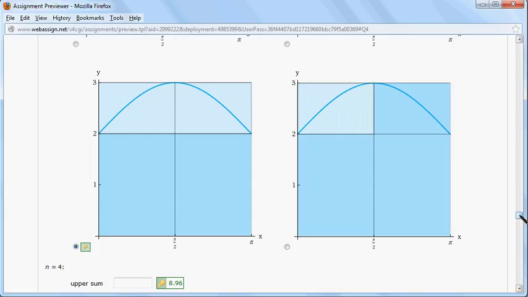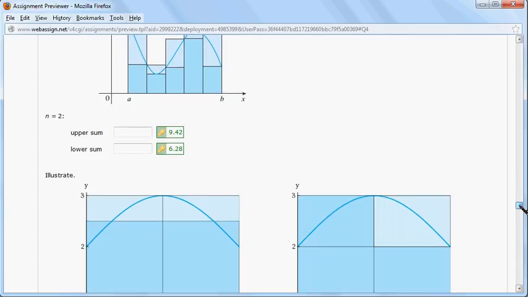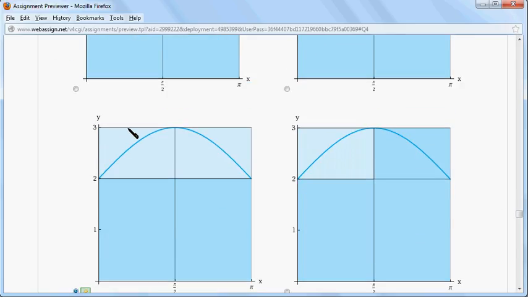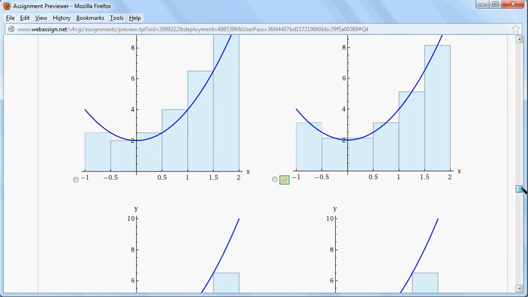Then, go back. If you want to find the upper sum, it is going to be this rectangle plus that rectangle, right? Its height is 3, and it goes all the way from 0 to pi, so it's 3 pi. So 3 pi is going to be the upper sum.